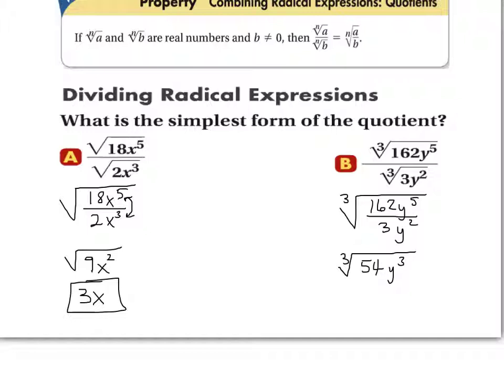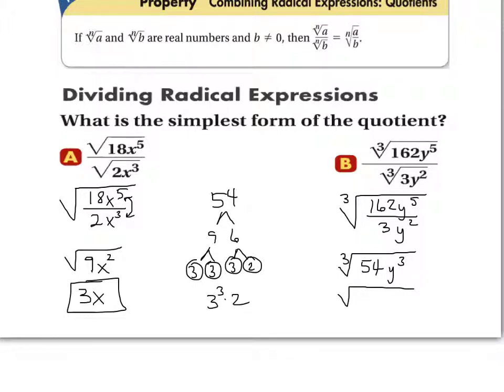Now I've got to break down the number 54. 54 breaks down to 9 and 6. This is 3 and 3, and this is 3 and 2. So I've essentially got 3 cubed times 2. I'm going to replace that. Again, this is what we did on Thursday and Friday.